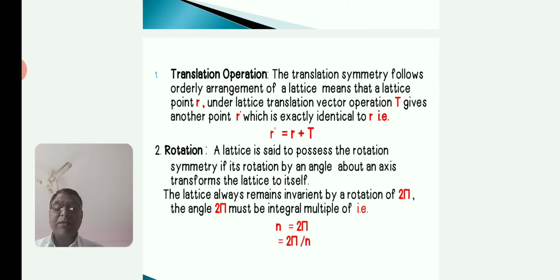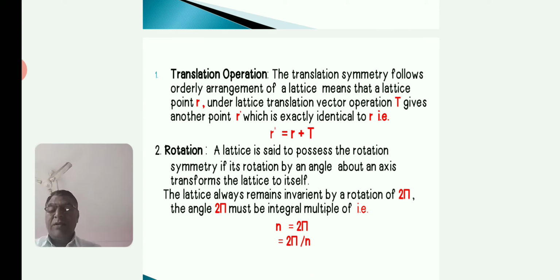In this equation, T is equal to n1a plus n2b plus n3c, where n1, n2, n3 are arbitrary integers and a, b, c are the fundamental translation vectors we studied in the last period.